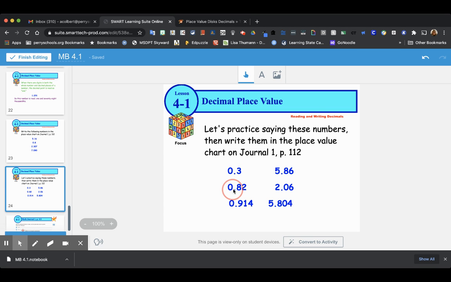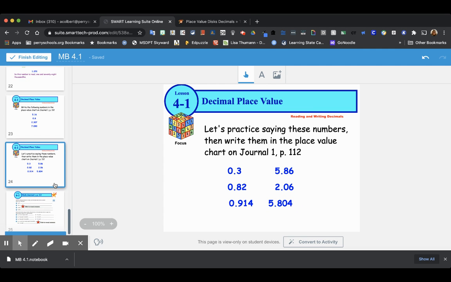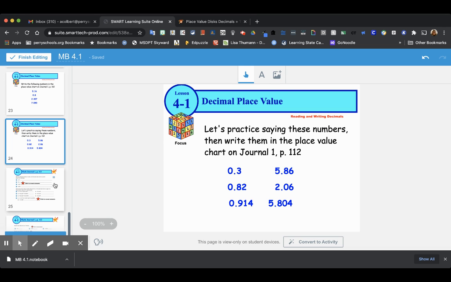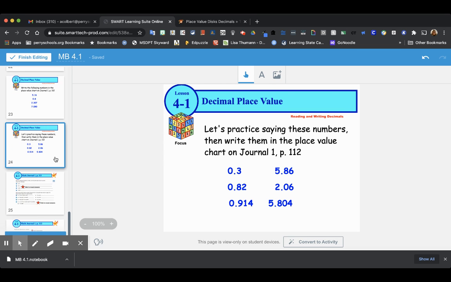Next one, 0 and 82/100ths. 0 and 914 thousandths. 5 and 86 hundredths, 2 and 6 hundredths, and then finally 5 and 804 thousandths. Now, during the Google Meet, I will ask you to show me your work that you completed, putting them into the correct place value.